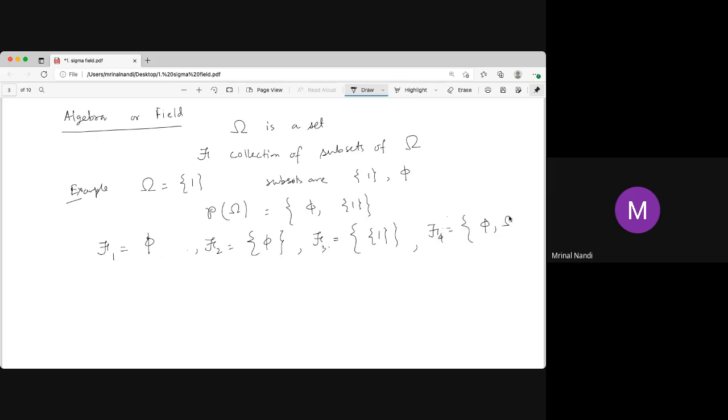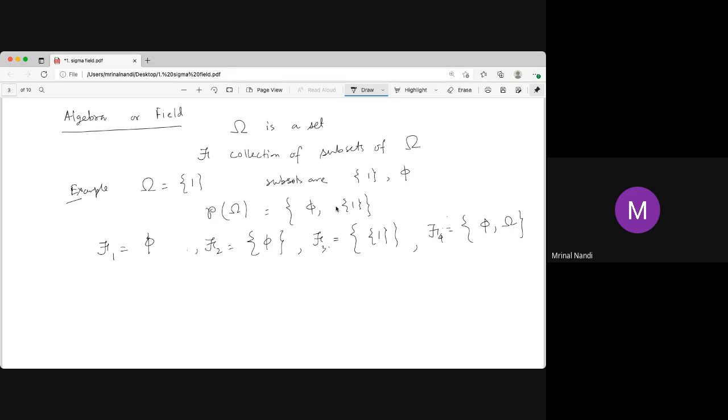Because there are 2 subsets, we can choose collections in 2 to the power 2 ways, so it's just 4. There are 4 different collections. One collection is empty, with no element. Two collections have only one element, phi or omega.